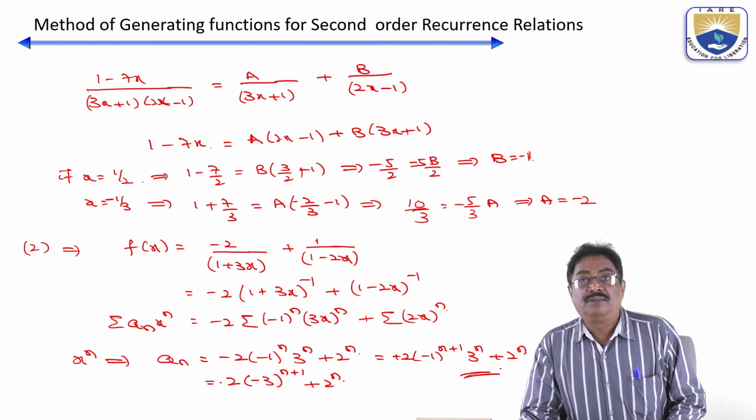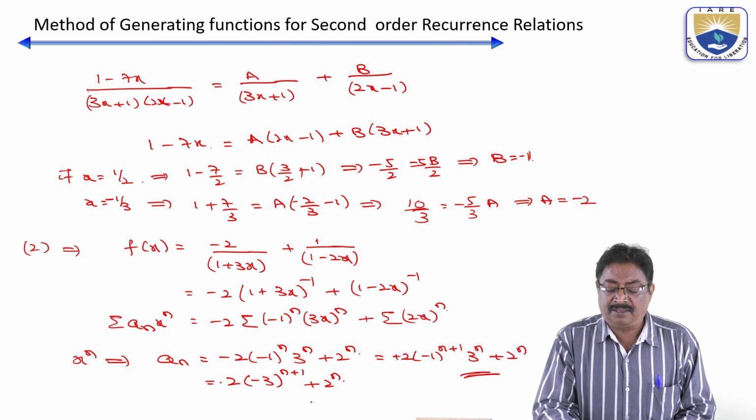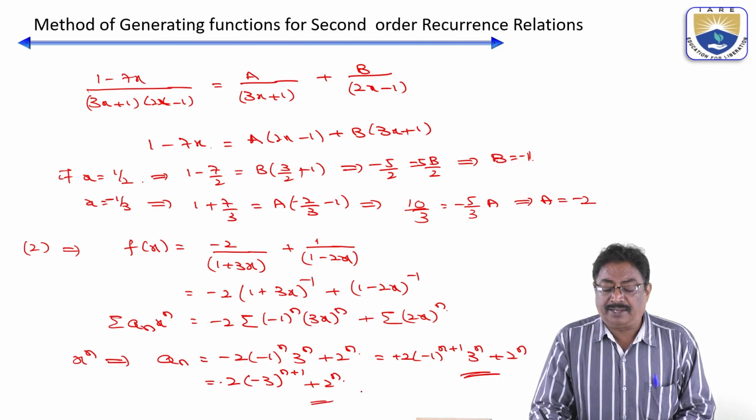So this is the final solution for the given recurrence relation. Or else I can keep it like this also.